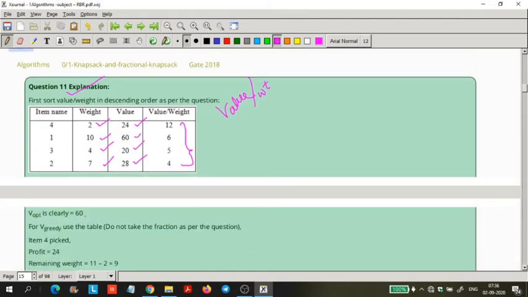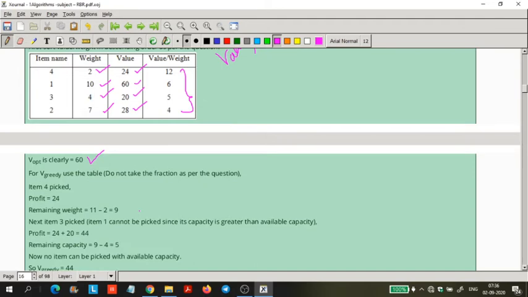So V opt is clearly 60. For V greedy, we use the table and do not take fractions, as per the question.